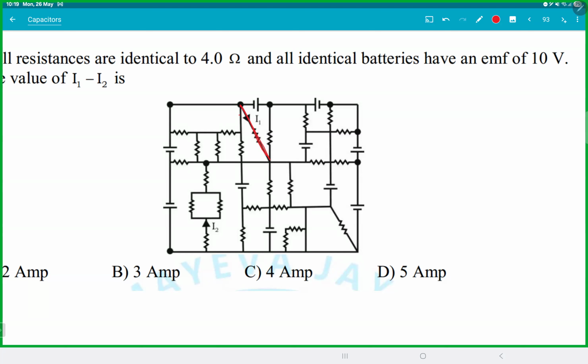Once you know you have to find a path, question is easy. But the first time when you see the circuit, you feel like, what the hell is this? Series, parallel, Wheatstone, nothing will work. Meaning you will get scared to apply Kirchhoff's law also.